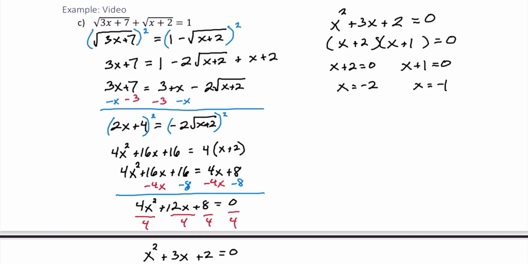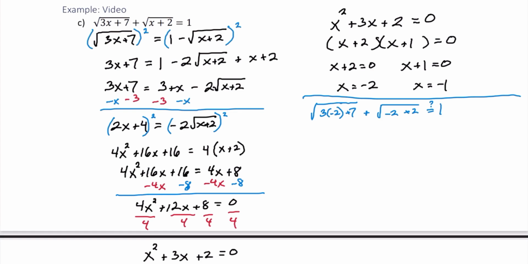Since we have two answers, we need to check these separately. So let's look at negative 2. Square root of 3 times negative 2 plus 7 plus square root of negative 2 plus 2, we're asking, is that equal to 1?